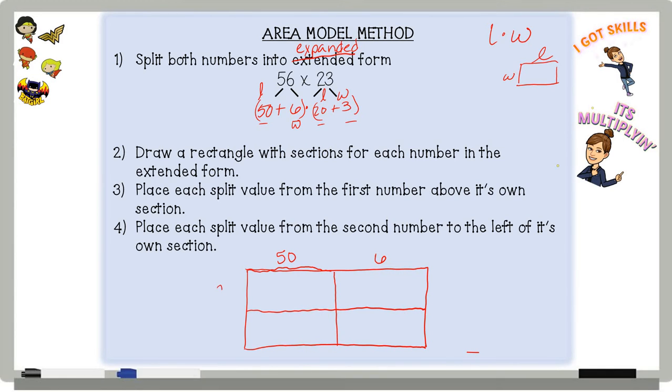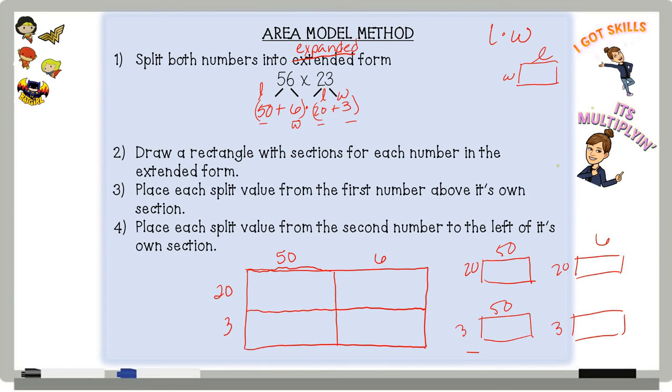So we have now 20 and 3. So basically what you did here is you took these and you said, okay, now I have a rectangle that is 50 by 20. I have another rectangle that's 6 by 20. I have another rectangle that's 3 by 50, and then 3 by 6. So we took this and we turned it into an area problem.